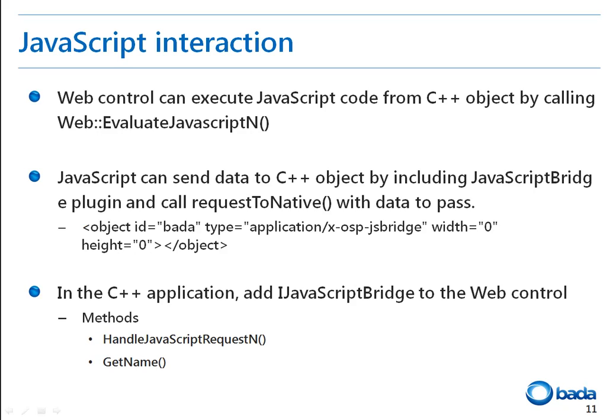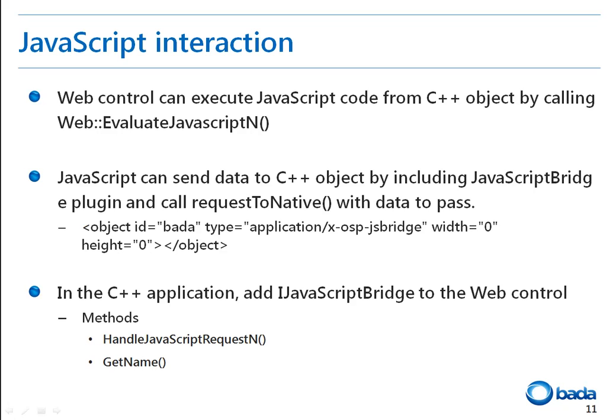The other kind of interaction is to use the JavaScript bridge interface to send data or a command to a bada C++ object from JavaScript. To accomplish this, you need to implement the iJavaScriptBridge interface and add the JavaScript bridge to the web control.